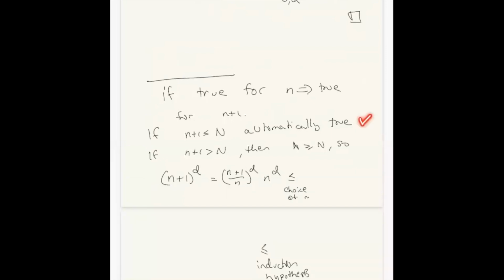So we only have to check if n + 1 is strictly bigger than N. But if this is the case, then n is bigger than or equal to N. So then we can write (n+1)^d = ((n+1)/n)^d times n^d. The first factor here is less than b by our choice of capital N, because we are bigger than capital N.